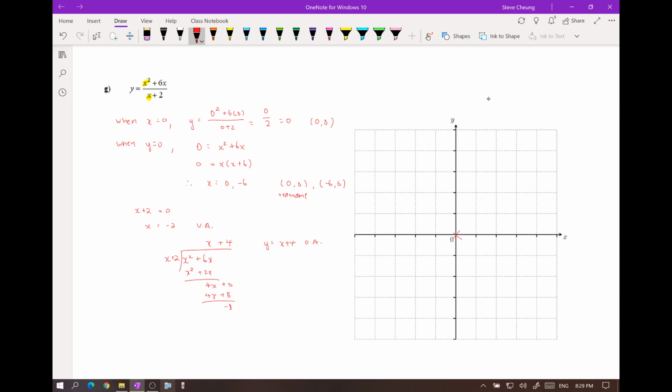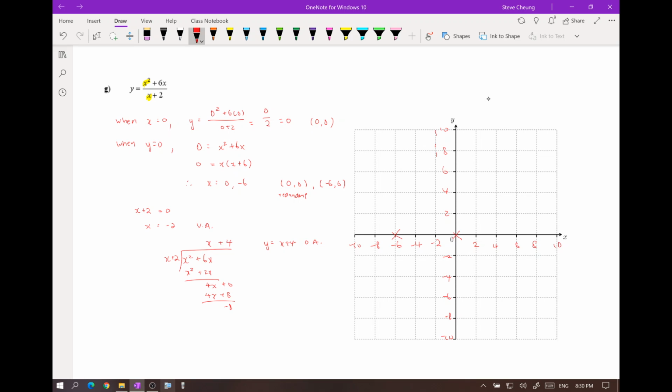So we have the intercept at the origin, and then we have -6 and 0, so that means I have to use this as a possible scale. So this is the other x-intercept.